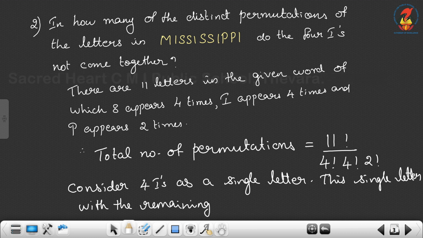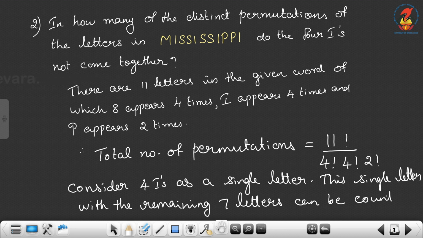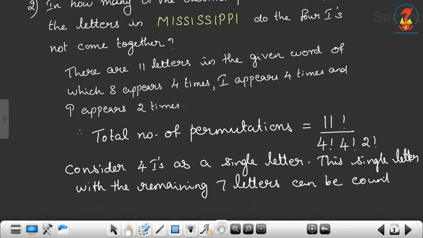Remaining 7 letters can be counted as, how many letters? 7 plus 1, 8 letters.